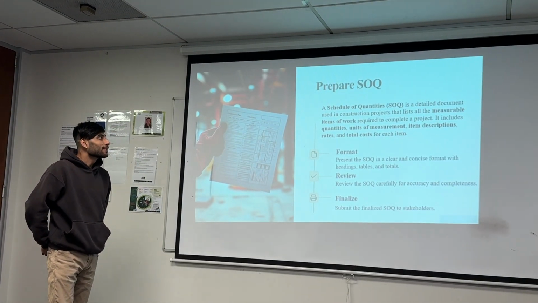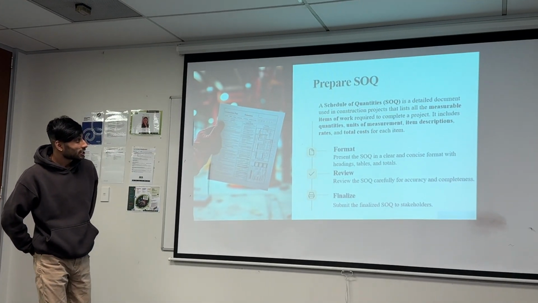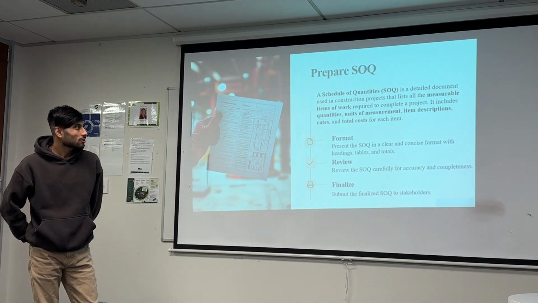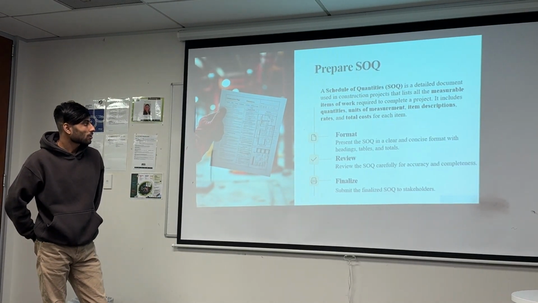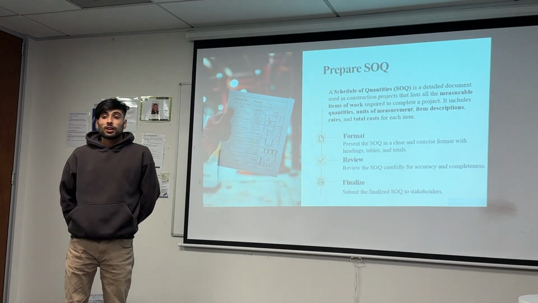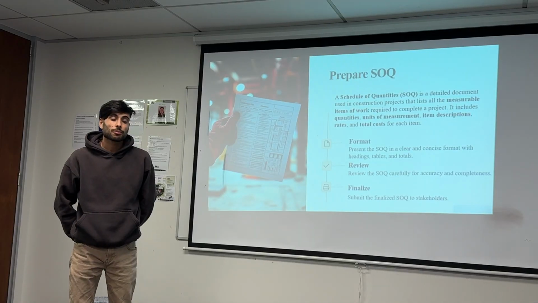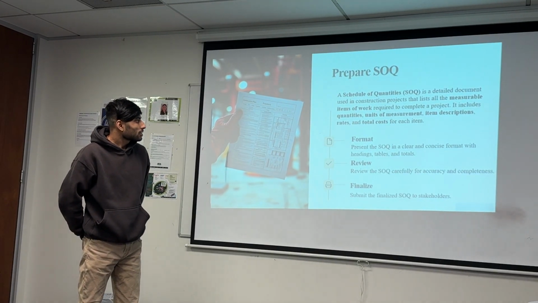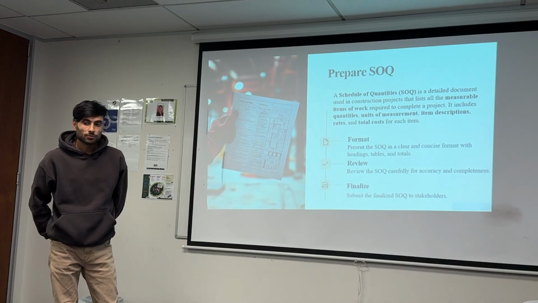The next part is the SOQ. The SOQ is the detailed document used in a construction project that lists all the measurable items of the work required to complete a project. It includes quantities, unit of measurement, item description, rates and total cost for each item.